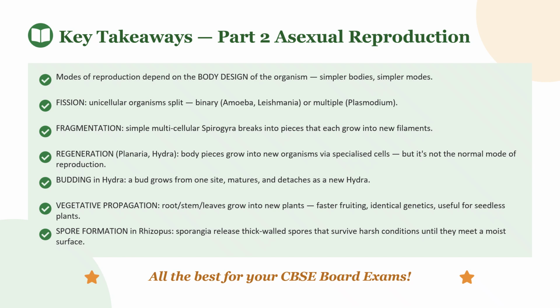So we have come to the end part of this topic, children. We saw the different modes of reproduction, how the organism's body is, and what the characteristics are. Let's see some examples. For binary fission, the examples are amoeba and Leishmania. Multiple fission is Plasmodium.